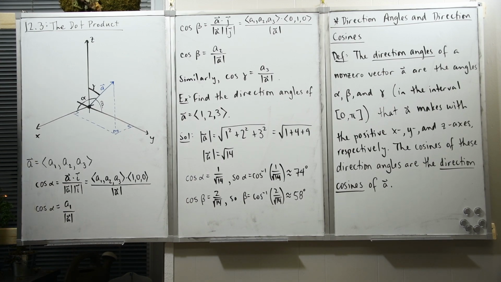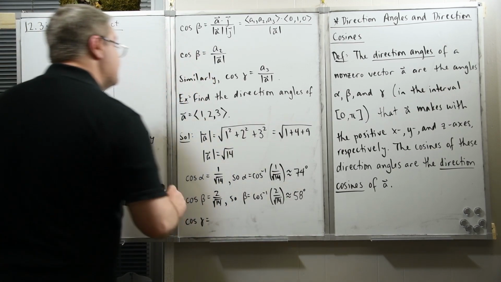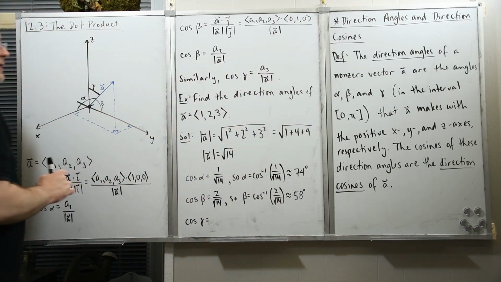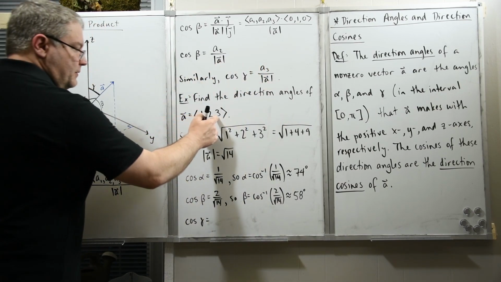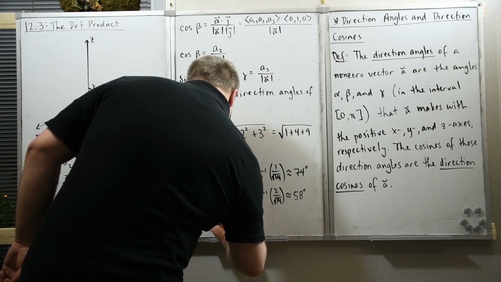And the last angle is gamma, and we know the cosine of gamma is A3 over magnitude of A. But A3 is equal to 3. So cosine gamma is 3 over square root of 14.